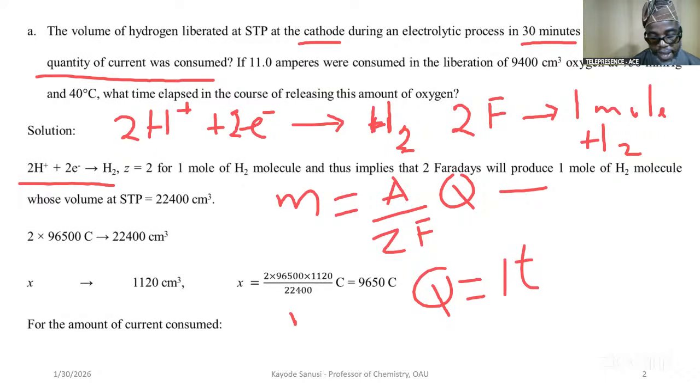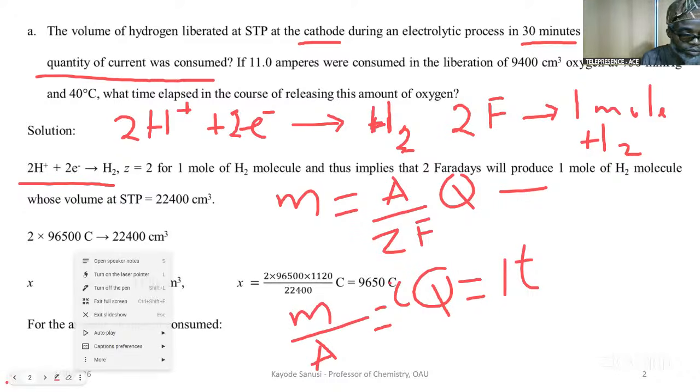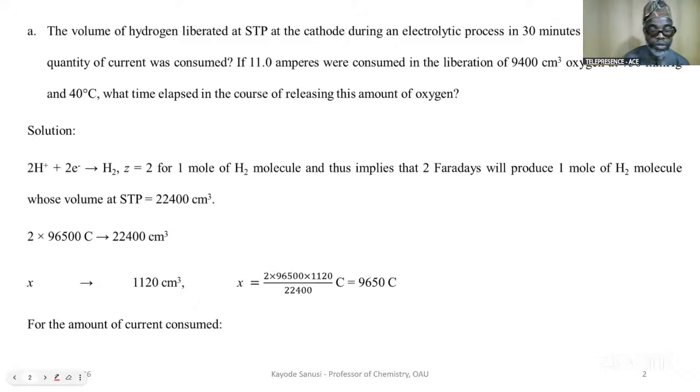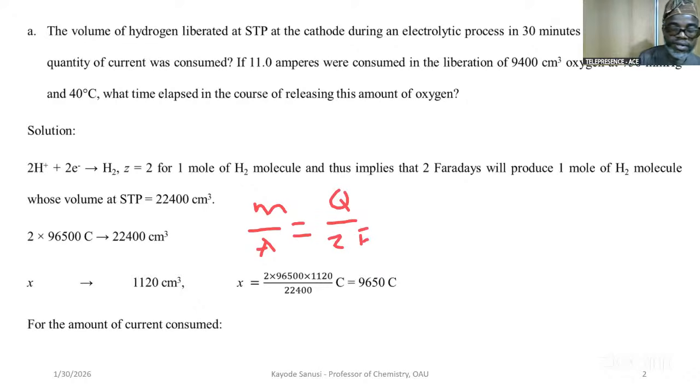So M, which can stand for the volume obtained, over A equals Q over ZF. All right.